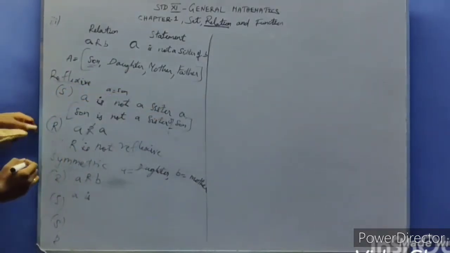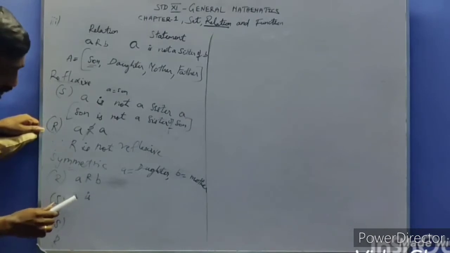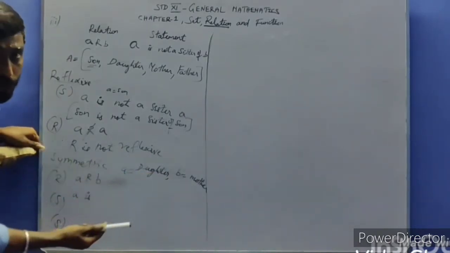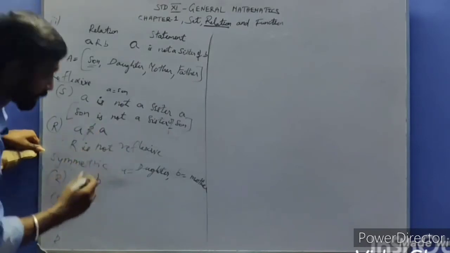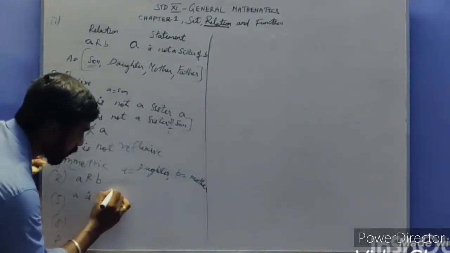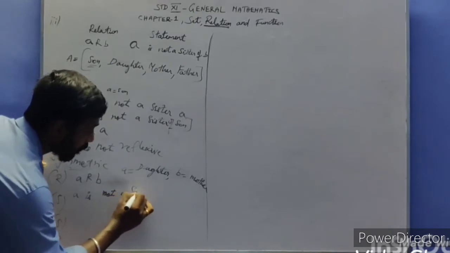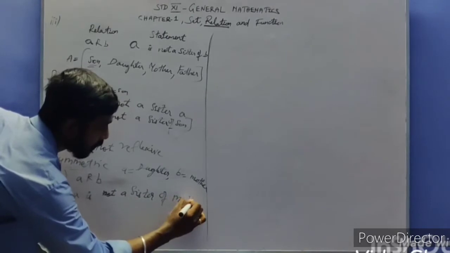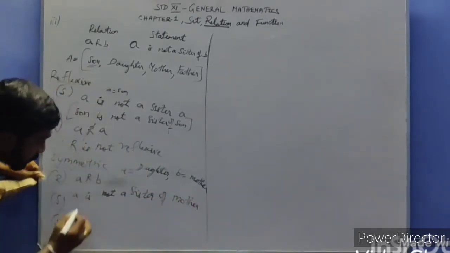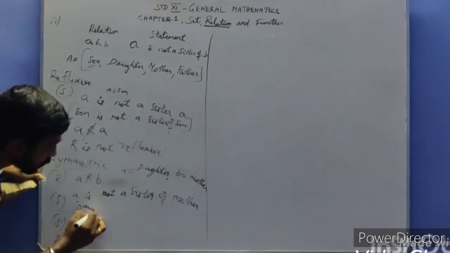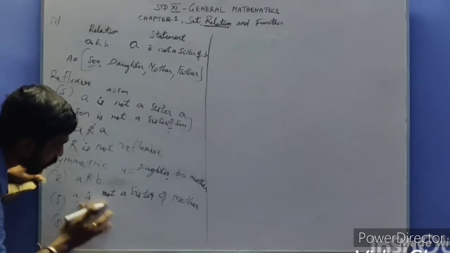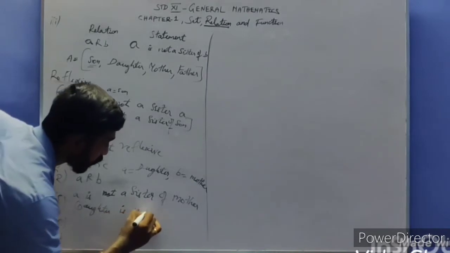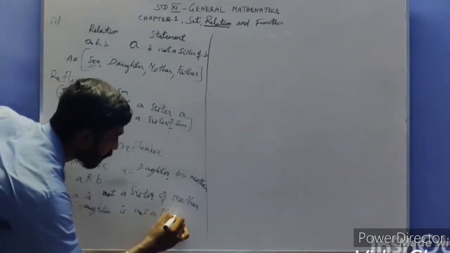This one is case 1. Here A is related to mother, because A is not a sister of mother. Here that means daughter is not a sister of mother.